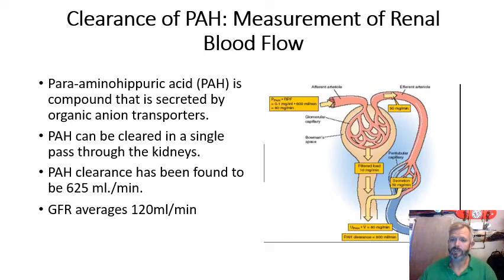If we can only filter it, each time we go through we're only going to filter a portion of that molecule. But if we're able to filter it and secrete it, we can basically clear it all in one run through the nephron. The molecule for which this takes place is PAH.